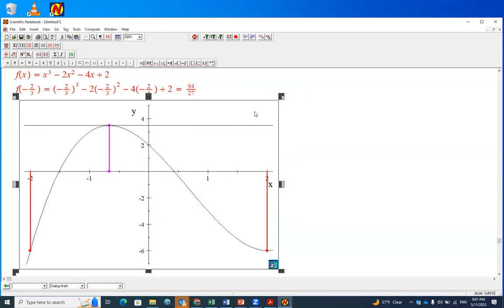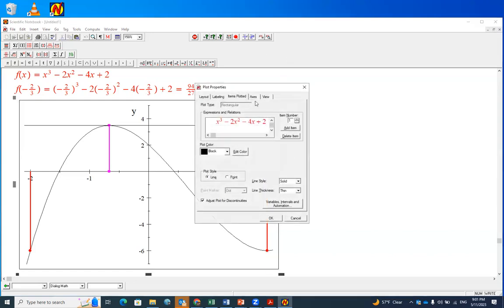And this tangent line is parallel to the line connecting the two endpoints. Okay, this is -2, -6, and this is a positive 2, -6. So I'm going to draw that tangent line. Then I'm going to mark some points for you.